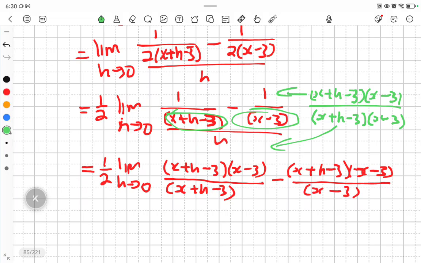This will cancel, this will cancel, right? Then looking at the denominator, this one will come to h.